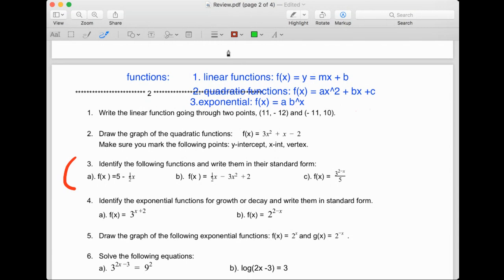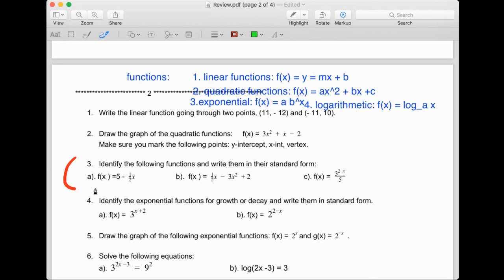Then we have the logarithmic function, number 4. The standard form is f of x equals log base a of x. This x could be a bigger expression. Then trig functions, which are basically sine and cosine.